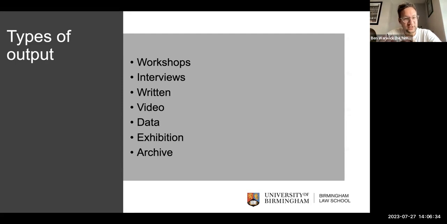Some people have just data collection, so data sets as part of their output collection, and exhibitions, especially ones that are more oriented towards art, and archive materials. Essentially writing stories up, gathering that evidence and collecting it for posterity, in one place for the first time.